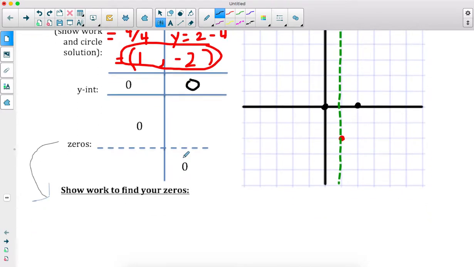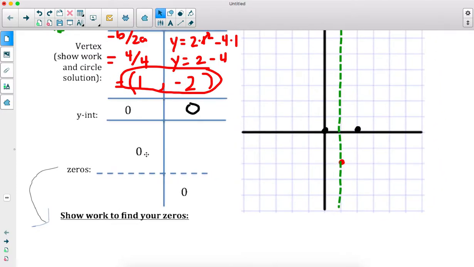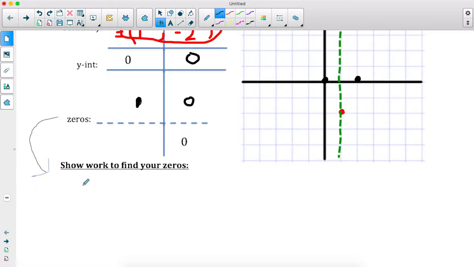Okay. Now, the zeros, this is actually a typo, the 0. That 0 isn't supposed to be not there. 0 is supposed to be there. Zeros, remember, are the numbers that when we use those numbers as an input, we get 0 as an output. So let's just use our quadratic formula. This will be given to you on the quiz.